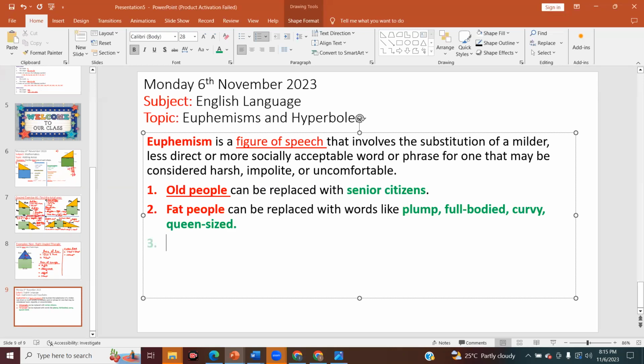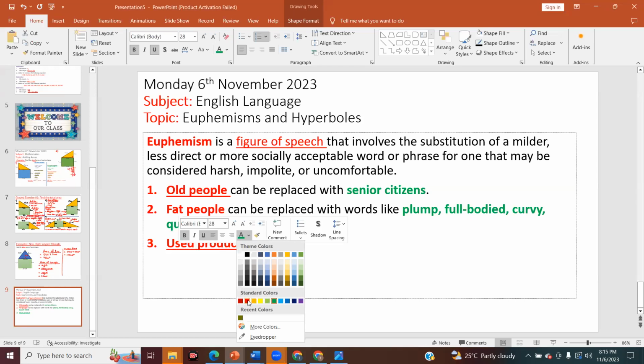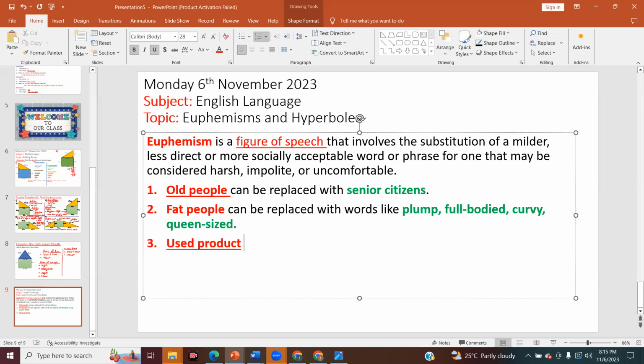So a used product. You might say it's secondhand, but secondhand still sounds like you don't want it. Overall. So used product can be replaced with refurbished. Yes, that's very good, man.